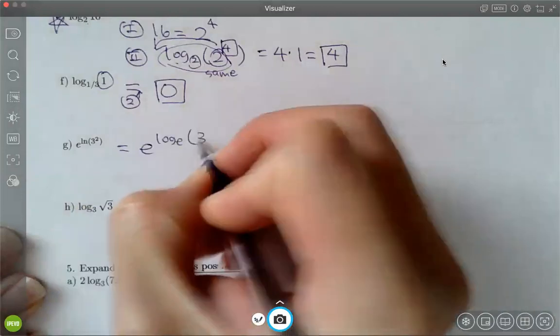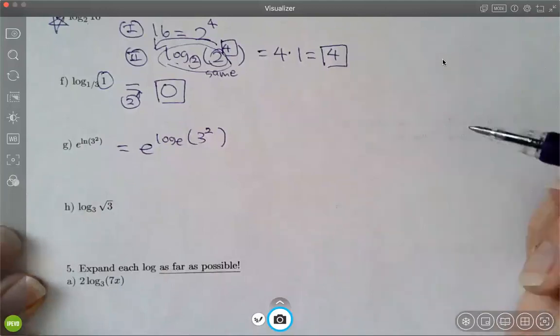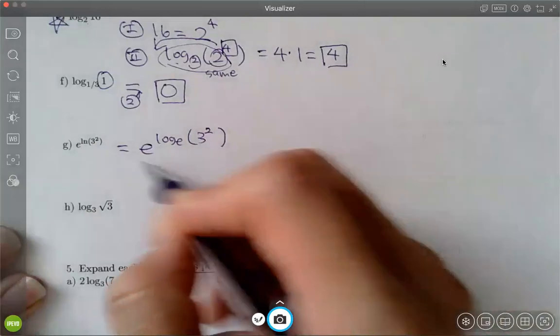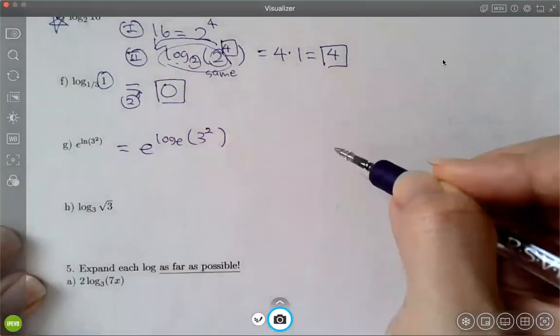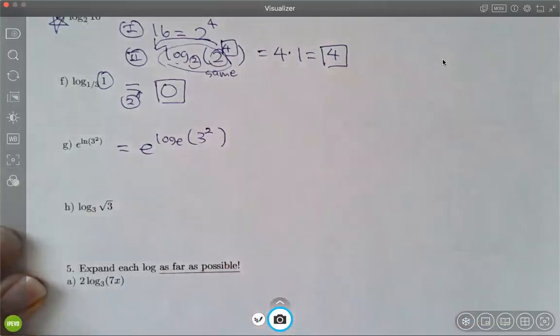So we have e to the log base e of 3 squared. Now, were there any rules of log that deal with something like this? Some base to some power, where that power has the log.